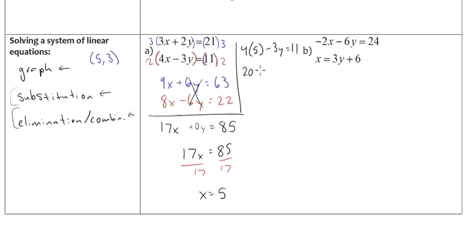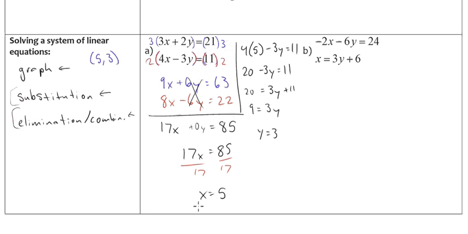That's 20 minus 3y equals 11. I'm going to subtract 11 from each side and add 3y. Maybe we shouldn't do it all at once. So 20 equals 3y plus 11, then subtract 11, and we get 9 equals 3y, and y equals 3.